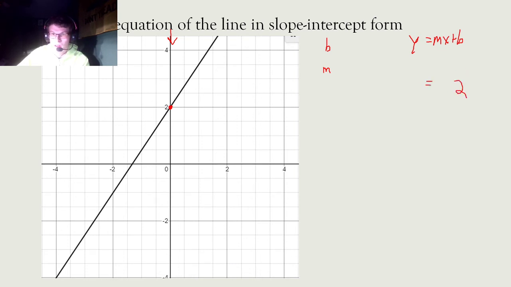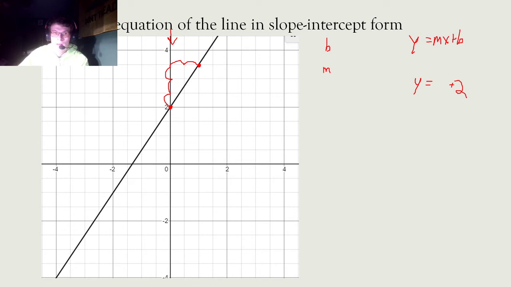Okay? Y equals, what is my slope? Let's start at my point. Let's find 2 points that we can plot. There's a point up here. So that means we're going up 3 over 2. Up 3 over 2.